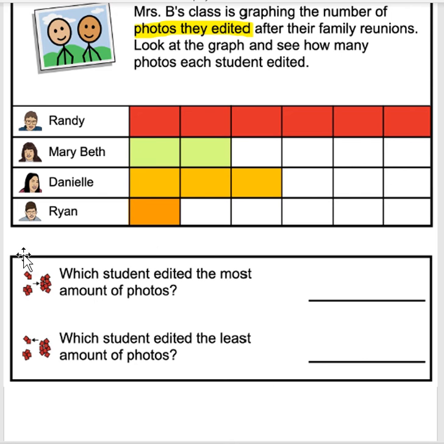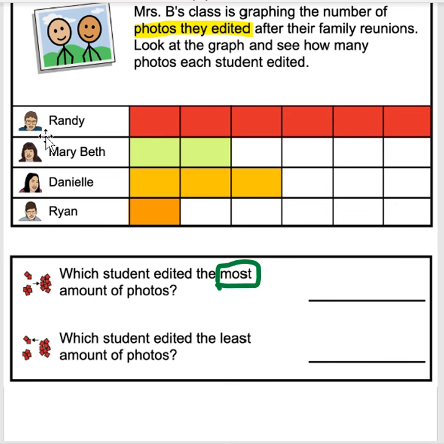So we're going to look at our first question. Which student edited the most amount of photos? So when we see the word most, we know that that means the biggest amount. So who edited the most or the biggest number?